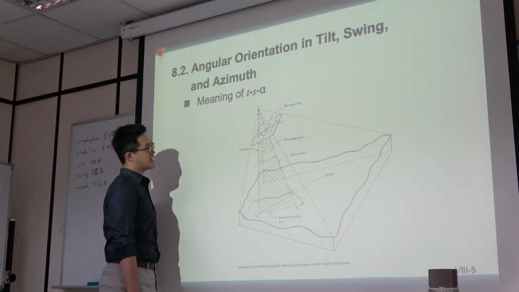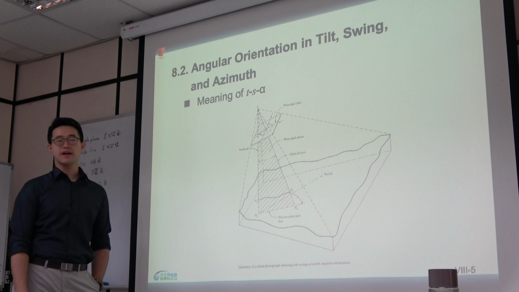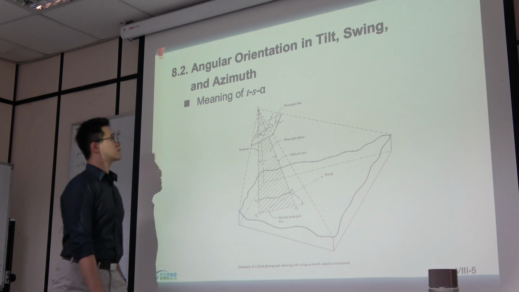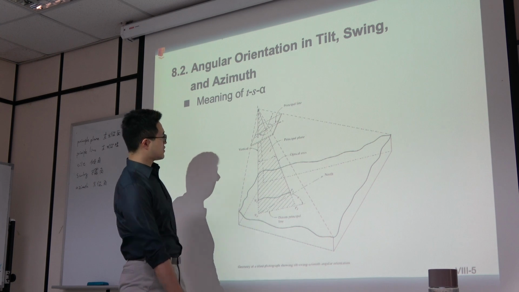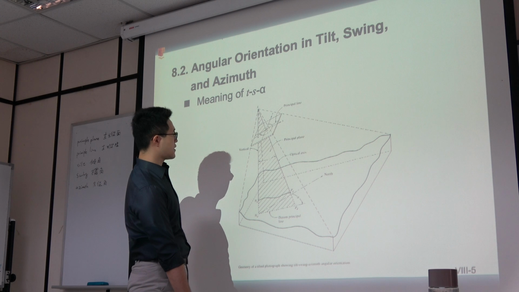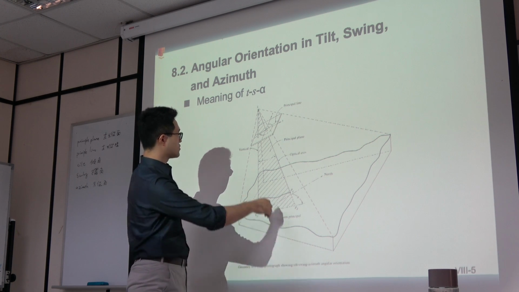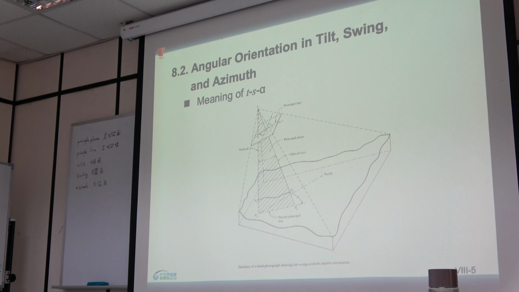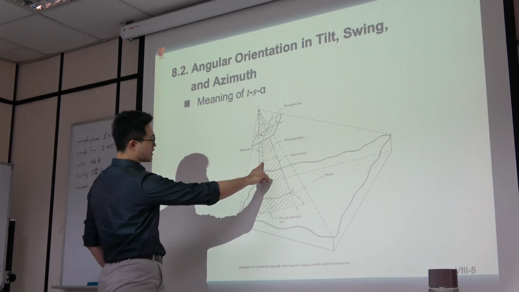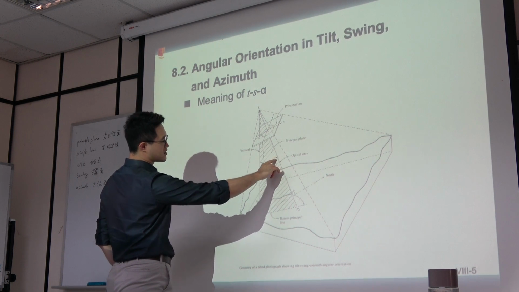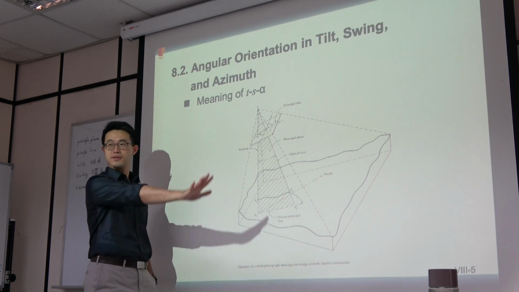Alright, and in this case, we can start defining the tilt, swing, and azimuth angles. The first one, let's take a look at the tilt. Tilt angle is, right, so here, maybe you can see it better from a longer distance. Here is a small t. This indicates the tilt angle. Okay.